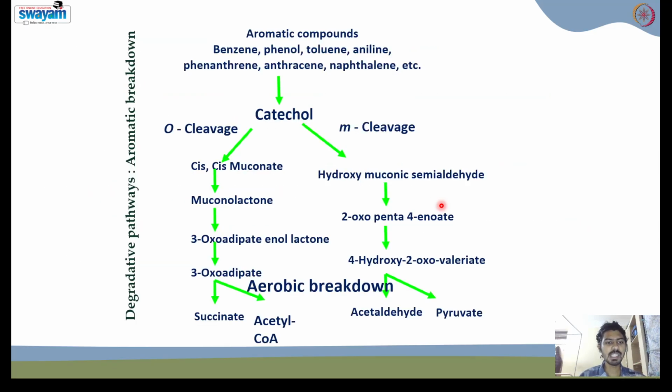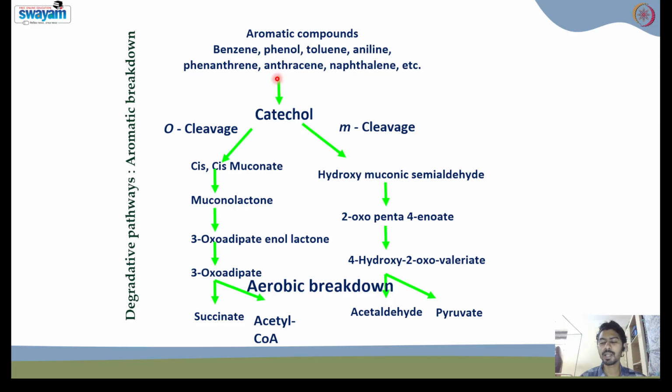And if you see the degradative pathway, as I said earlier, the aromatic compounds, whether it is benzene, phenol, toluene, aniline, anthracene or naphthalene, through hydroxylation and dehydrogenation reactions will be converted into catechol. What happens here?